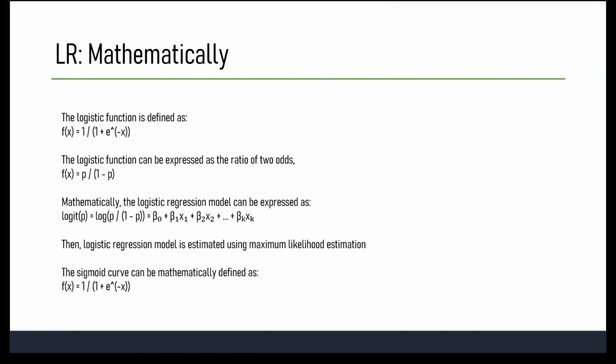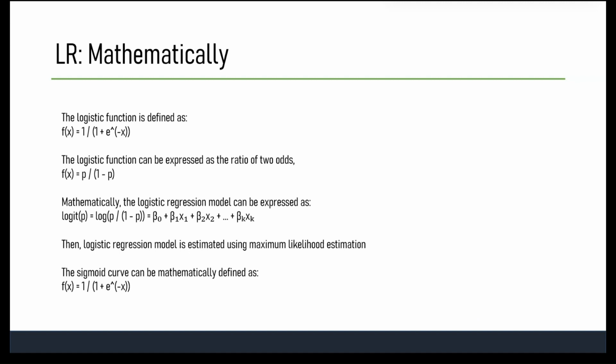Okay, so the logistic regression model assumes that the log odds of the outcome variable is a linear function of the predictor variables. So mathematically, the logistic regression model can be expressed as logit of p equal to log p by 1 minus p, which is this one, the upper function, equal to beta naught plus beta 1 x1 plus beta 2 x2 plus dot dot dot beta n xn, where logit of p is the log odds of the outcome variable, or you can say y also, and beta naught, beta 1, beta 2, these are the coefficients of the logistic regression equation.